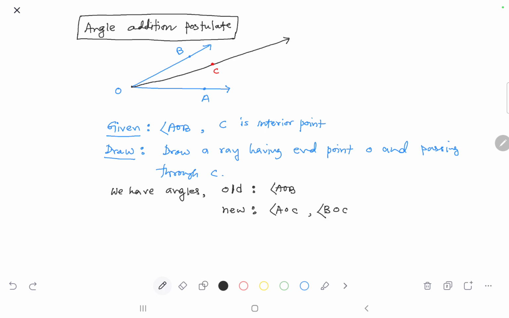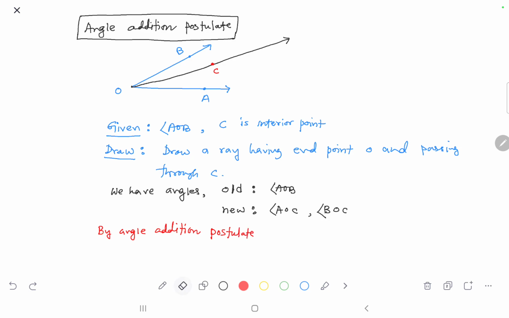Yes. Very good. Now what is the relation given by the angle addition postulate? So by the angle addition postulate, what do we get?